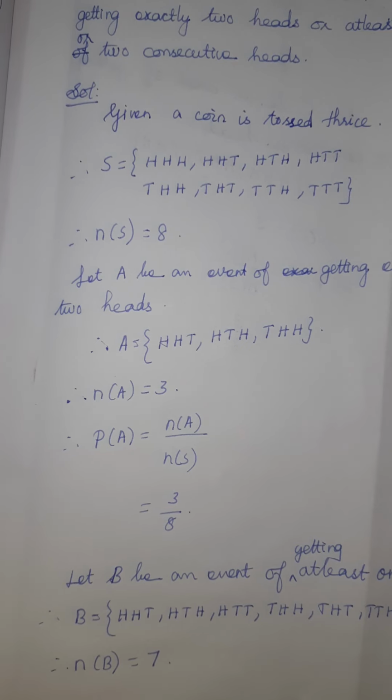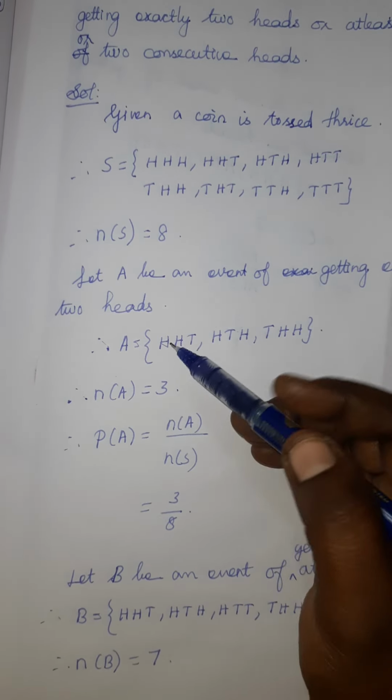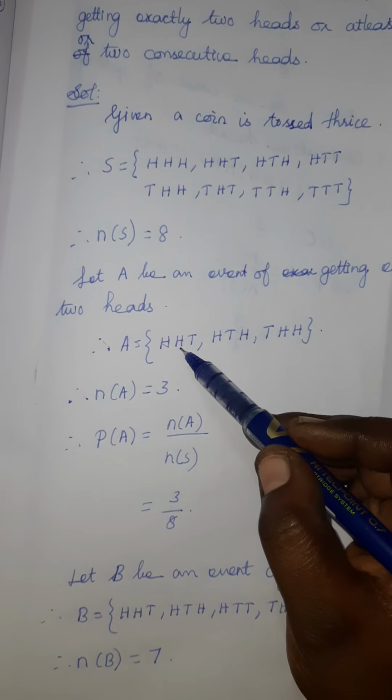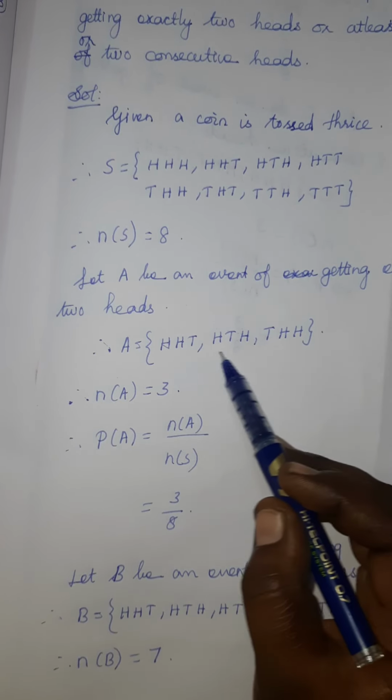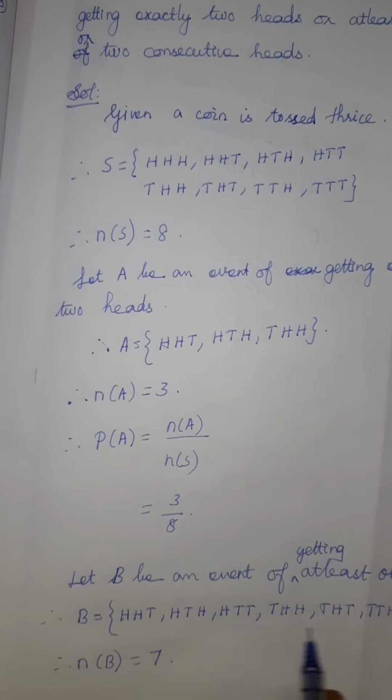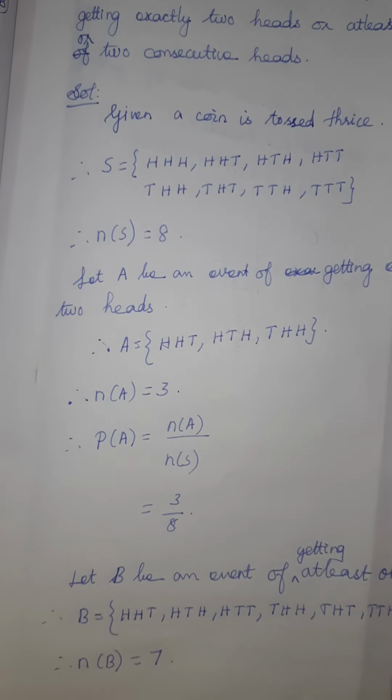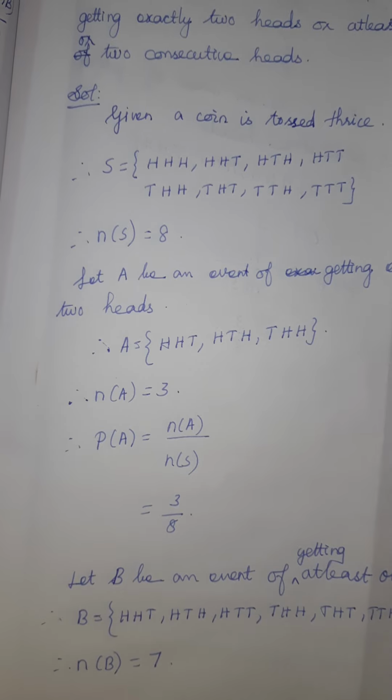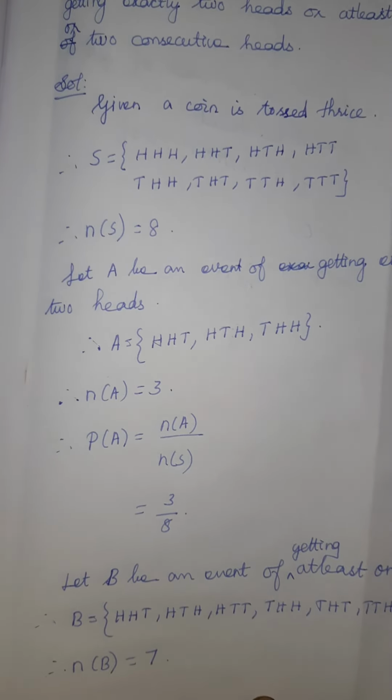Now you see, does A intersection B have any common elements in A and B? A set is HHT, HTH, THH. B set is these whole 7 elements. So some elements are common. We can find out those common elements.